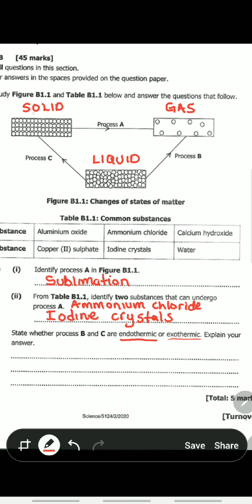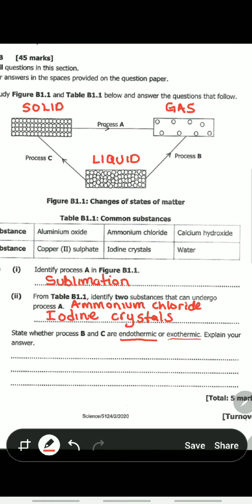One thing that we have to know is that as we move from solid to liquid, it is obviously gaining heat, so it's endothermic. From liquid to gas, it's still gaining heat, so it's endothermic. But when we start moving in reverse, where a gas goes back to a liquid, it means that a substance is losing heat and it's exothermic.